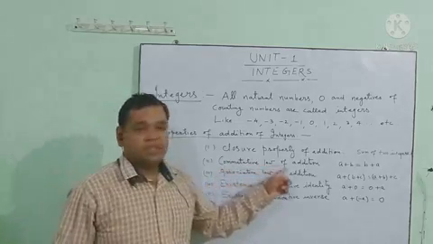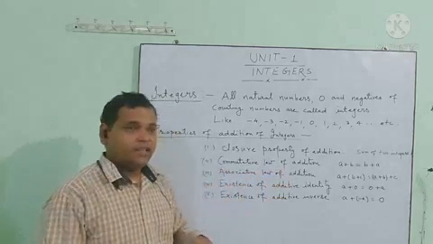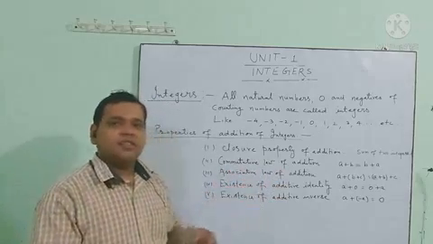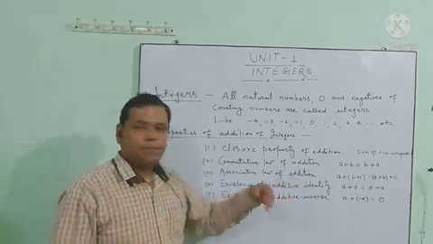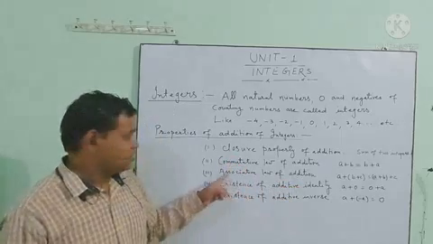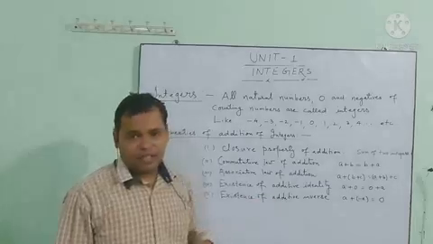This is called commutative law of addition. You can add a plus b, and you can add b plus a. Both the answers will be the same. So this is called commutative law of addition.